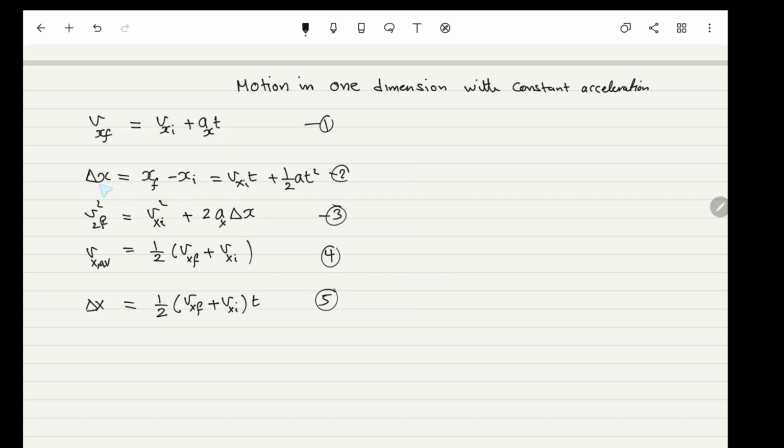Now delta x is the displacement, which equals x final, the final position, minus the initial position, which equals Vx initial t plus half a t squared. The third equation: Vx final squared equals Vx initial squared plus 2 ax delta x. And Vx average equals half of Vx final plus Vx initial, while delta x equals half of Vx final plus Vx initial, multiplied by time.